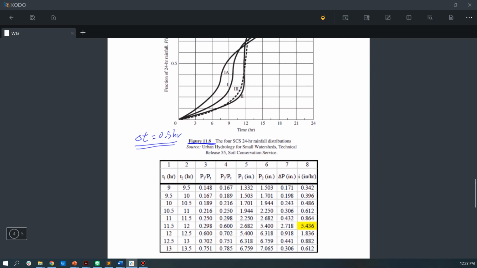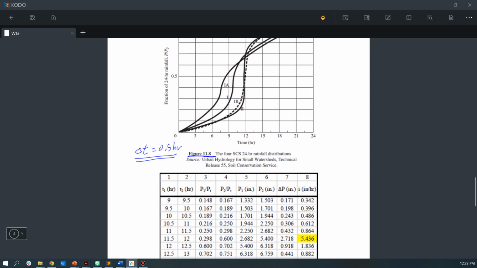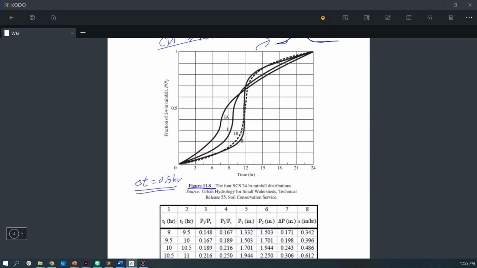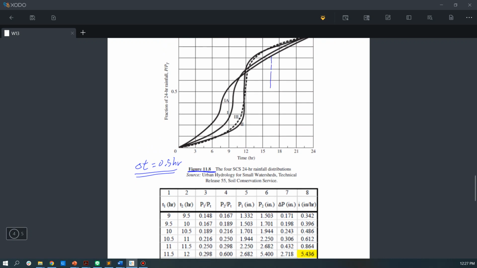So, in a way of speaking, we want to calculate the difference. For example, this is 16, right? And we want to calculate the difference between 16 hour and 16.5. So we calculate the difference here, and we can translate into the height.